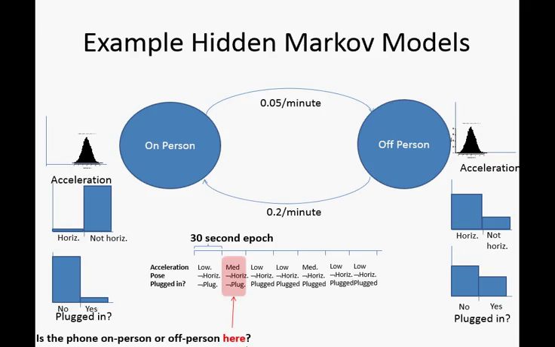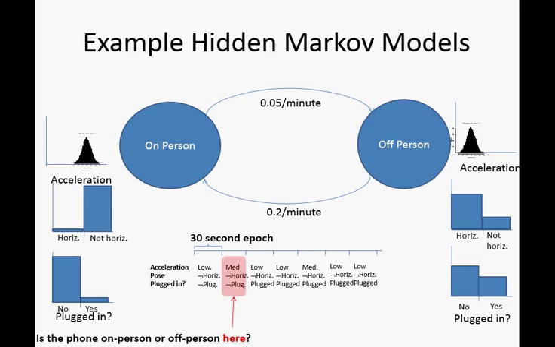So we might want to take that into account, the fact that, yes, right now we had a higher acceleration value, but in neighboring times, we don't have a high acceleration value. And we might want to take into account the fact that, well, phones do transition between on person and off person, but it's comparatively less common.